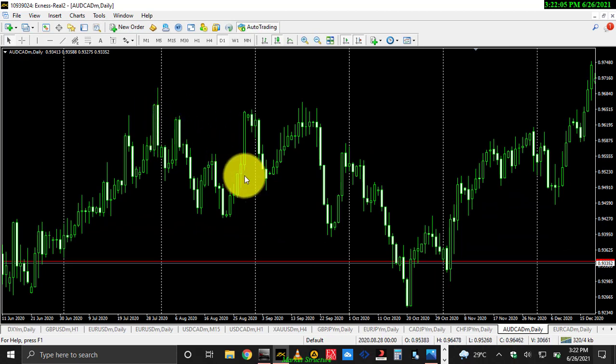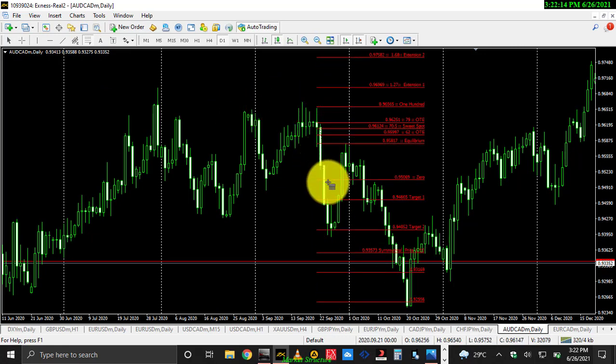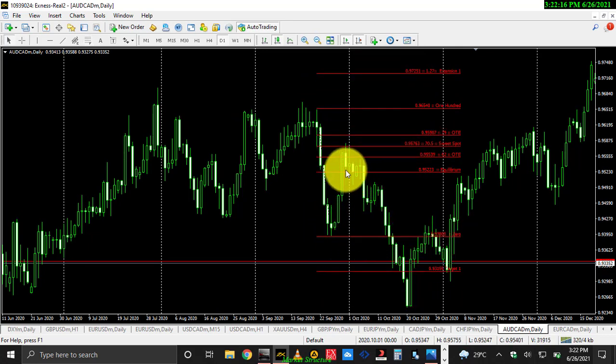Now, one thing that you also have to know is that anytime price trades from this high to this low, 50% is the equilibrium.